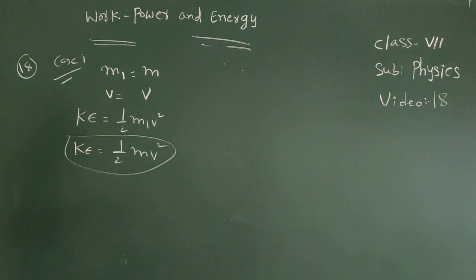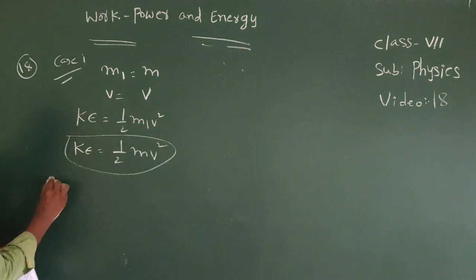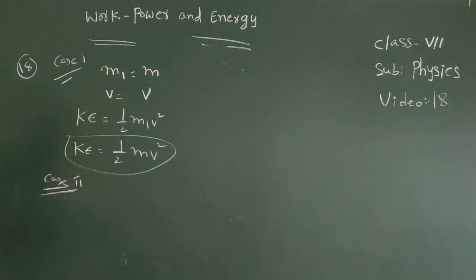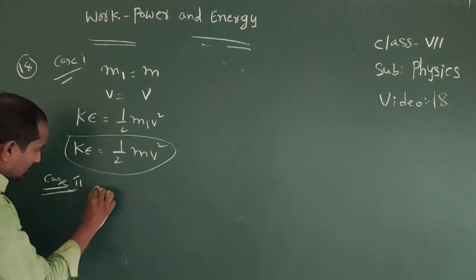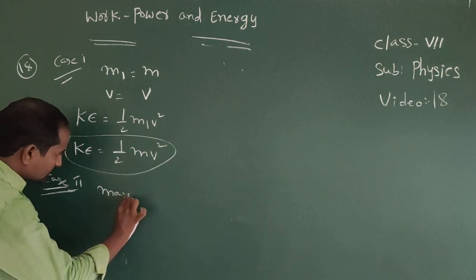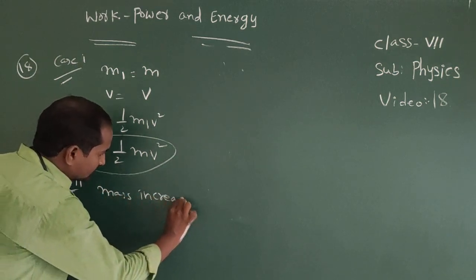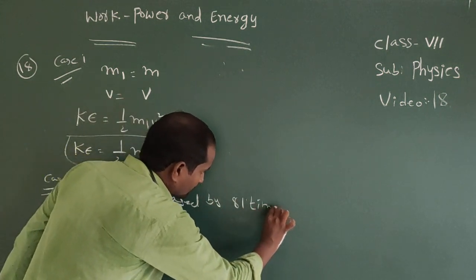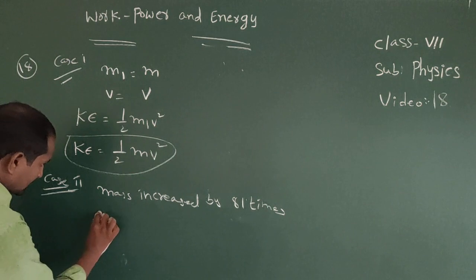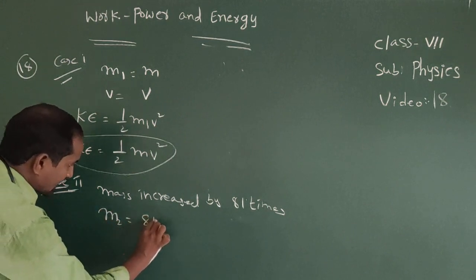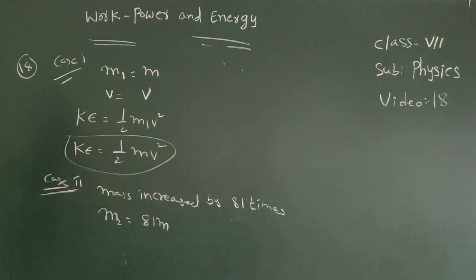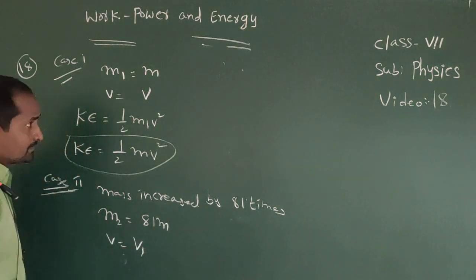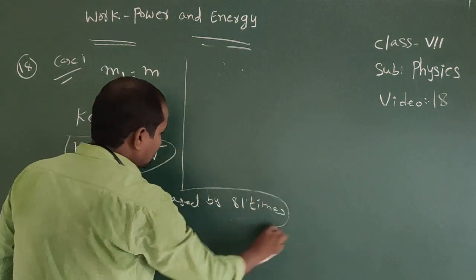In case 2, the mass is increased by 81 times. Therefore mass m2 equals 81 m, and velocity equals v1.